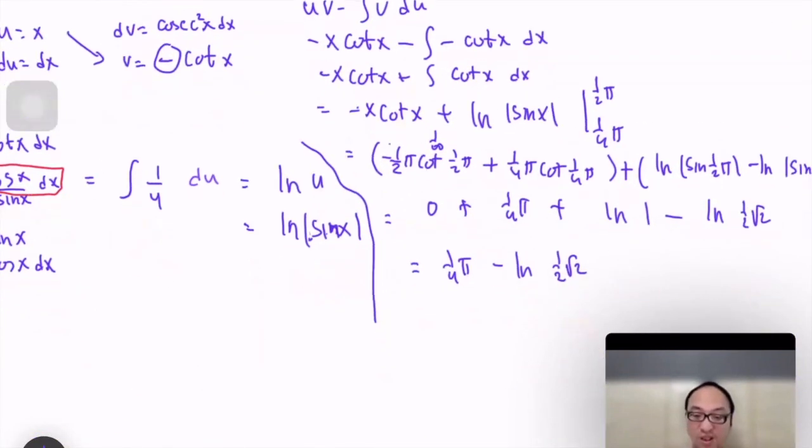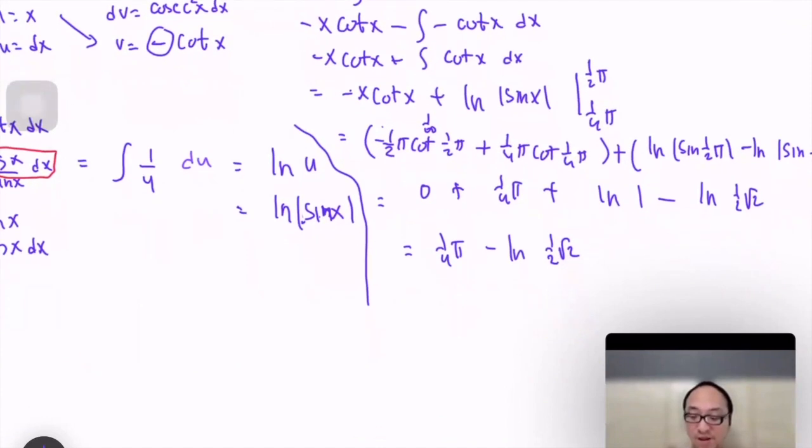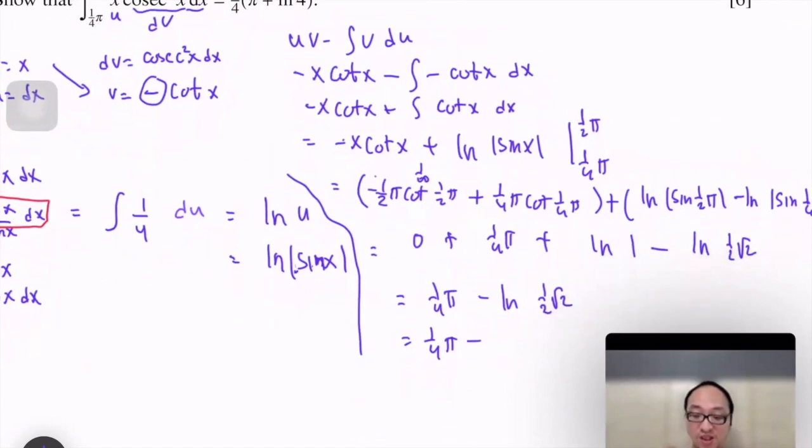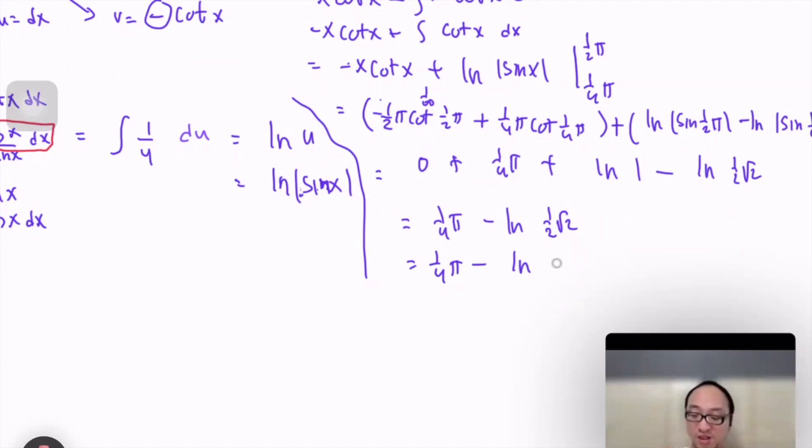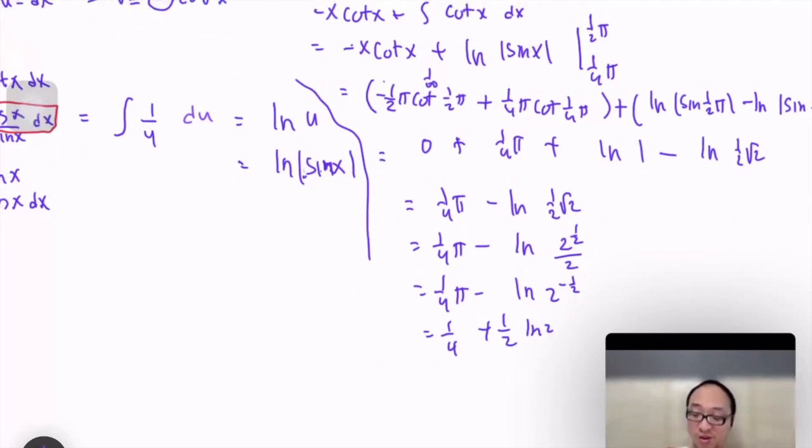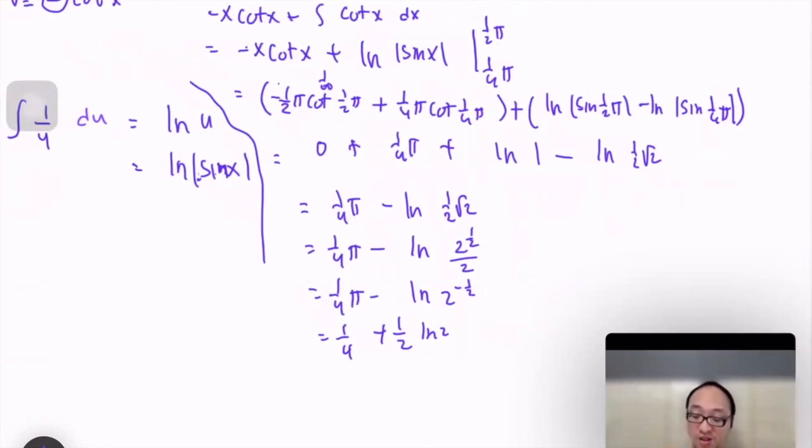Okay, we change into ln 4. How do we change that? Minus, this is 2 to the power of half over 2. So 1 over 4 pi minus ln 2 to the power of negative half equals 1 over 4 pi plus half ln 2, which equals 1 over 4 pi plus 1 over 4 ln 4.